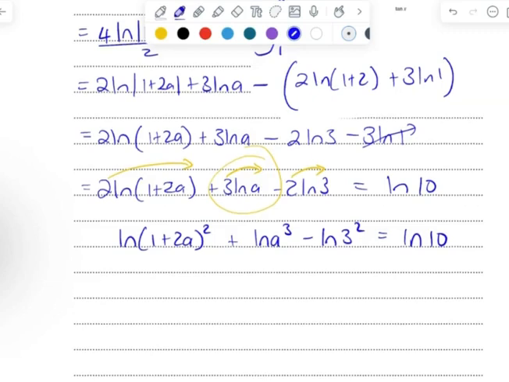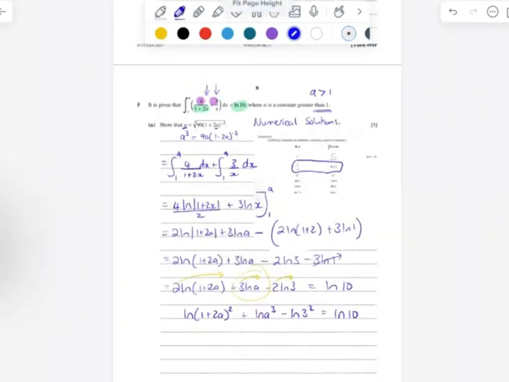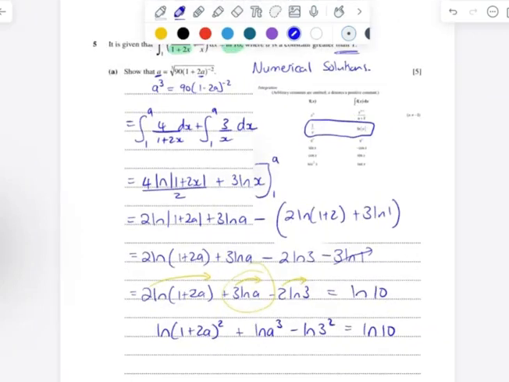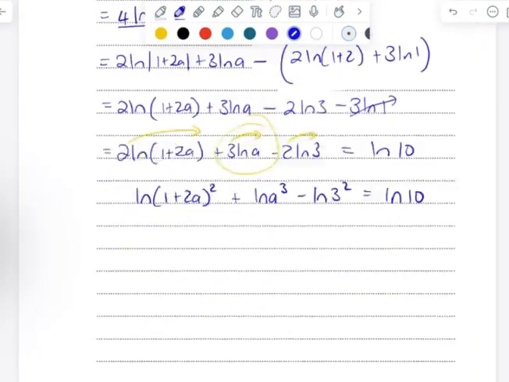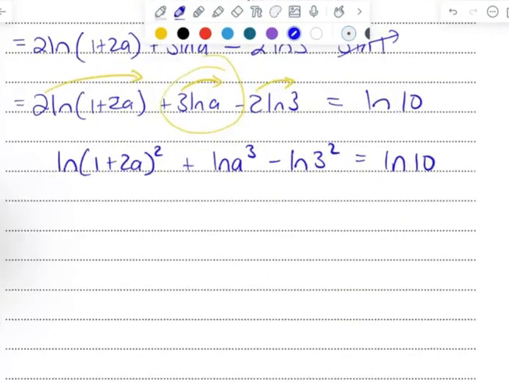Okay, so we've got lots of lns going on here, and we've got no lns in our final answer. So I'm going to combine these lns with my plus and minus rules and my multiplication rules. So if I have something plus something, I know that I then multiply it. Okay, and if I have a negative, I know that I then divide by it.